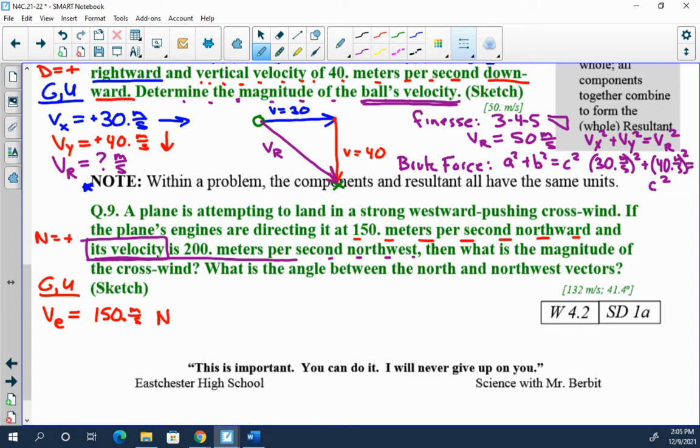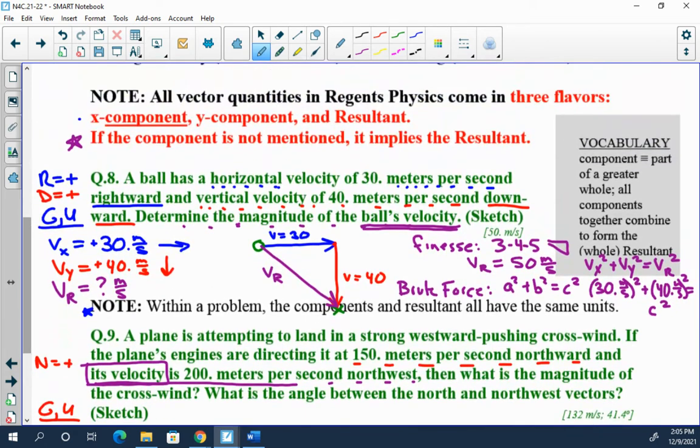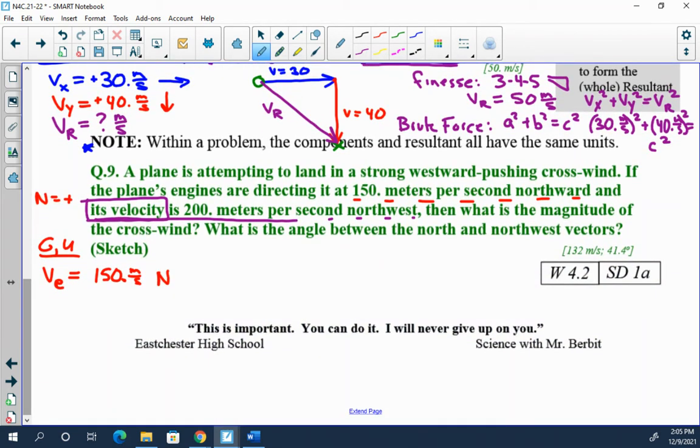Does it say Y or vertical? Nope. So what's it talking about? Boom! It's talking about the resultant. The component is not mentioned, therefore it is talking about the resultant. So actually, the resultant velocity is 200 meters per second. This one is northwest.